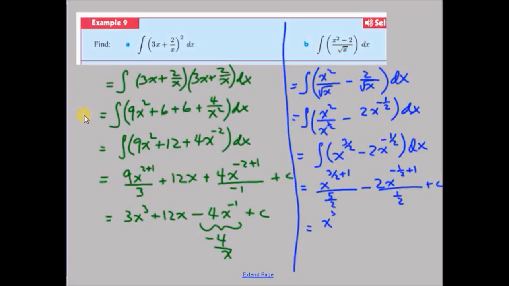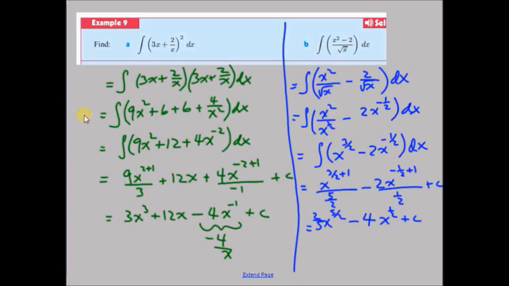X to the 5 over 2 divided by 5 over 2, which becomes 2/5. Subtract. Dividing by 1/2 is multiplying by 2. So that becomes 4x to the 1/2 plus c.